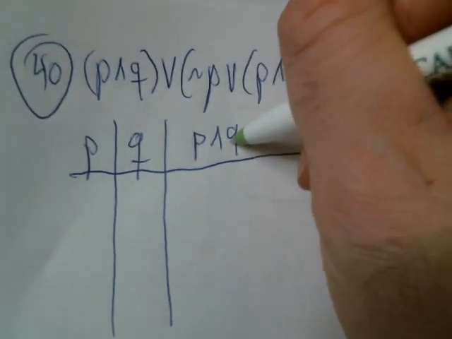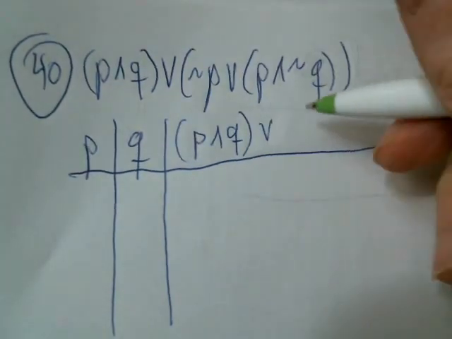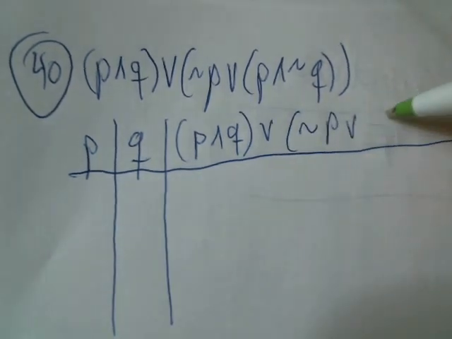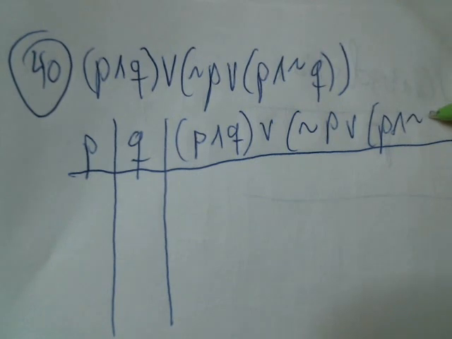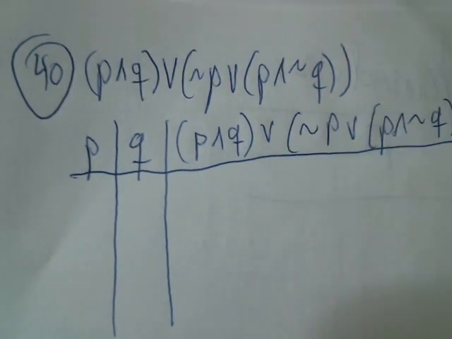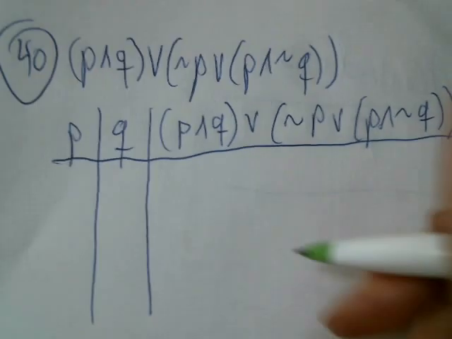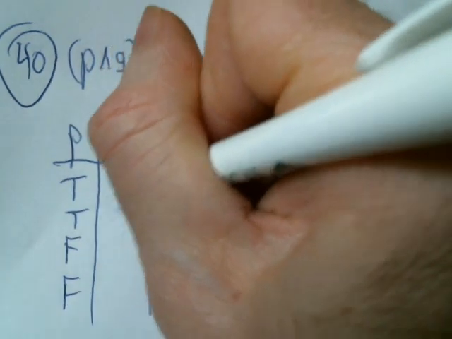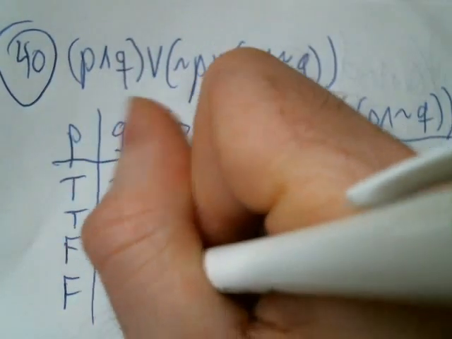I have to do P and Q, and I also have to work with not P or P and not Q. So P is true, true, false, false. Q is true, false, true, false.